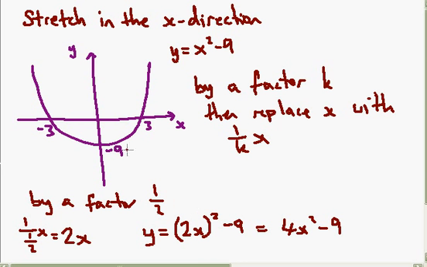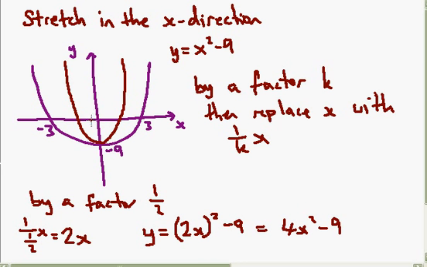So that means it's still going through minus 9 on the y-axis. The intercept has not changed. What has changed is that the graph has been squashed. We did have x squared minus 9, we've now got 4x squared minus 9. So when I'm actually squashing the graph, it'll look something more like this.